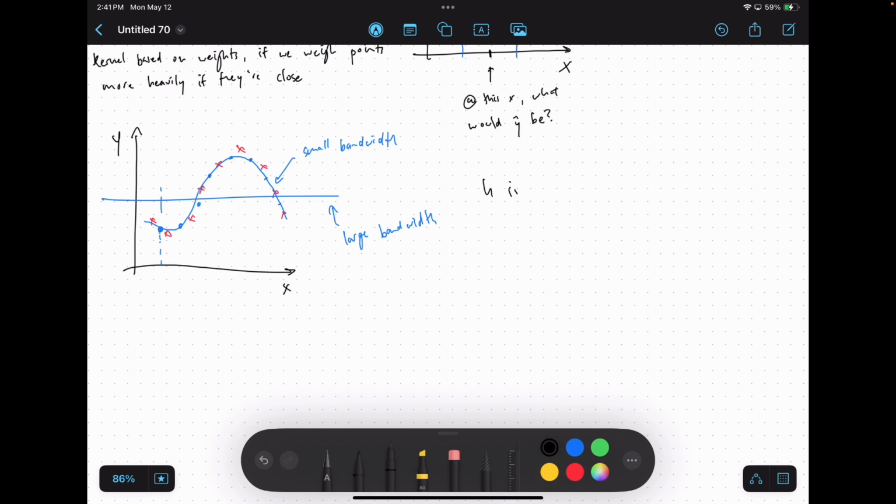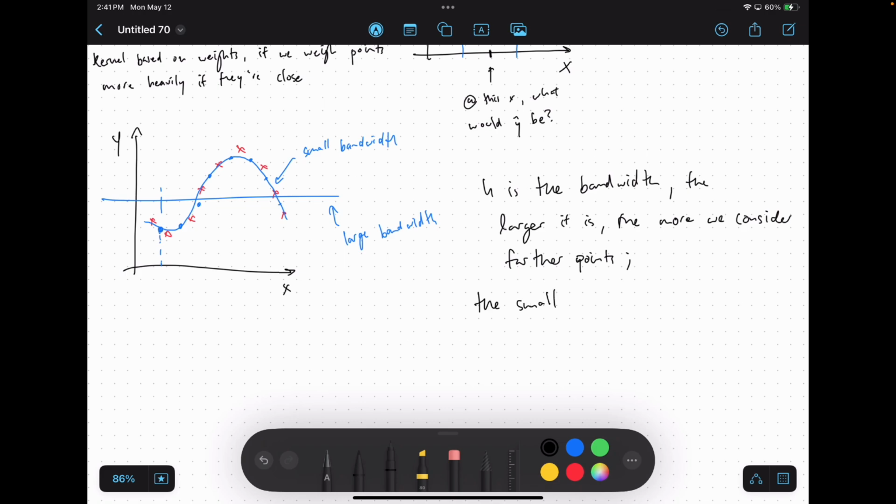So H is the bandwidth. The larger it is, the more we consider farther points. And the smaller it is, the more we consider local points.